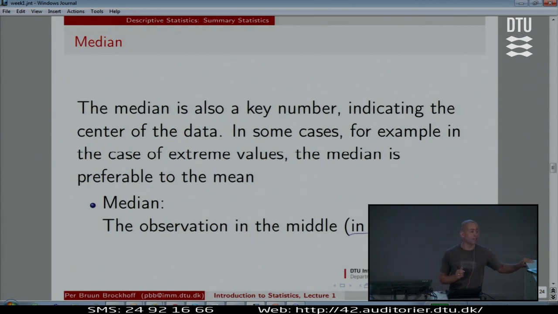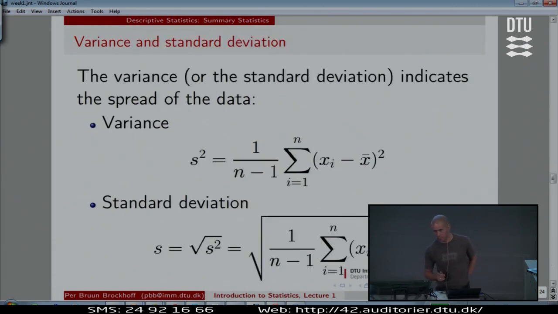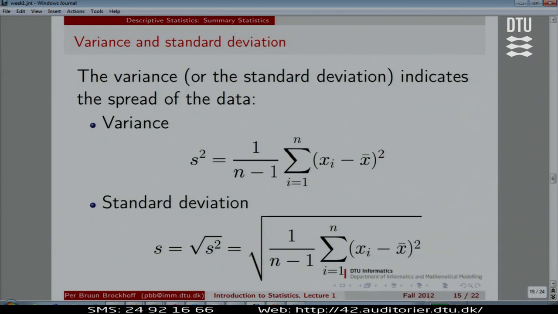So it can make a difference, actually, also out there, whether you use one or the other. Both can be nice in their respective places. So we use the mean a lot also for matters of convenience, mathematical and theoretical convenience.